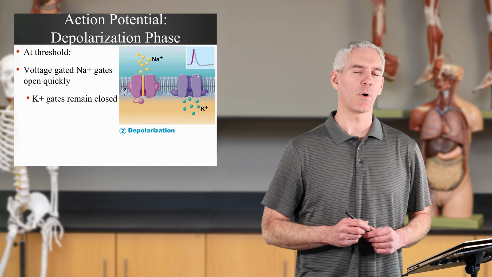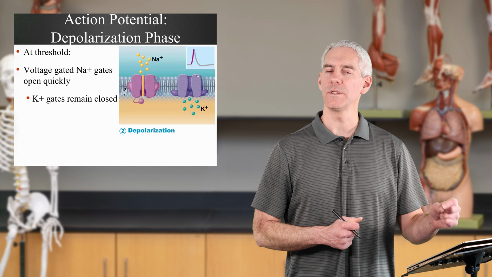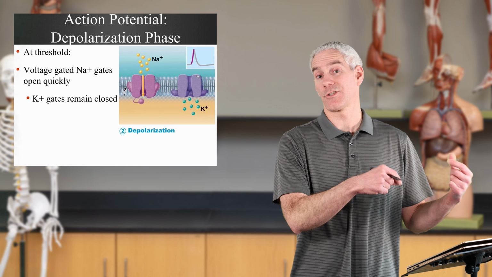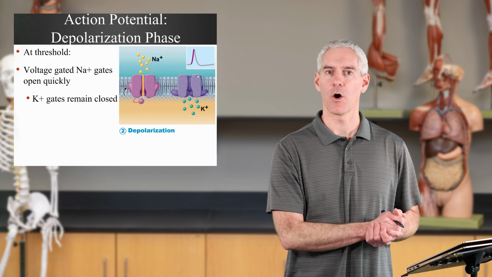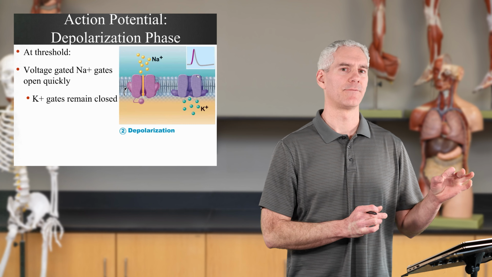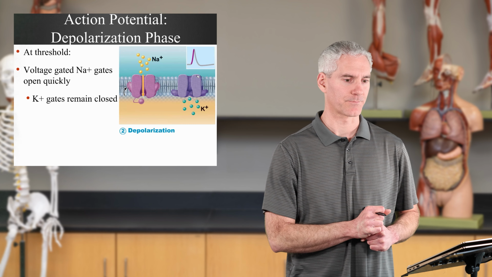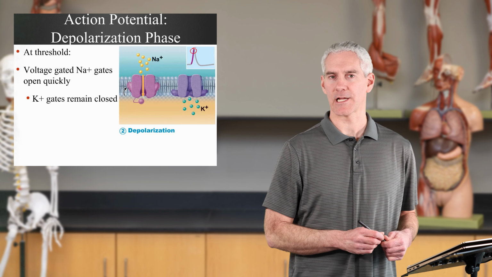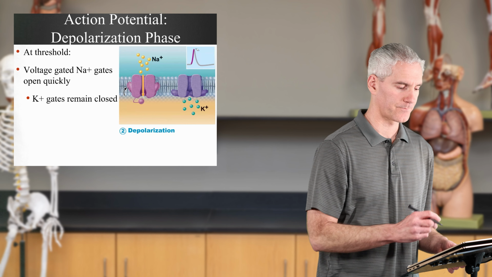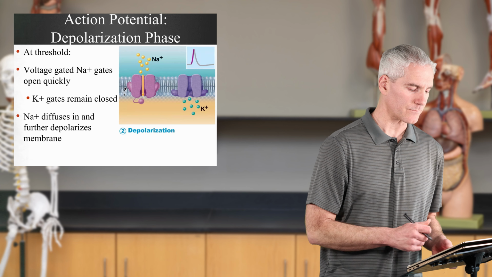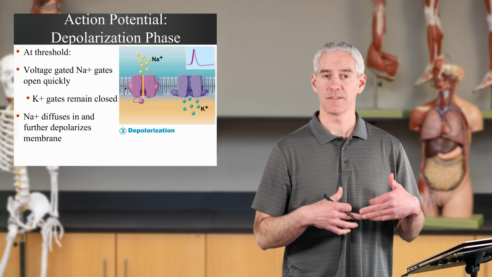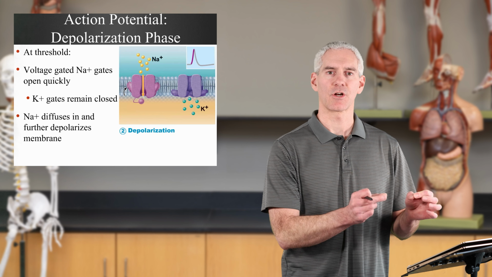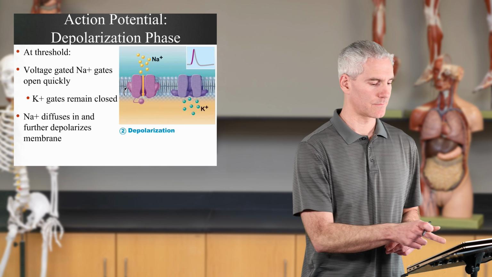During depolarization, only the voltage regulated sodium channel, or initially the chemically gated channels, opened. But really the voltage regulated sodium is what opened. That's what allows us to reach the peak of our action potential here. So sodium diffuses in and depolarizes. That's occurring at that point.